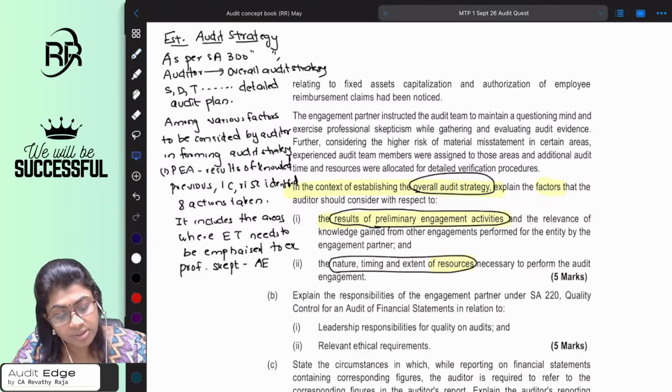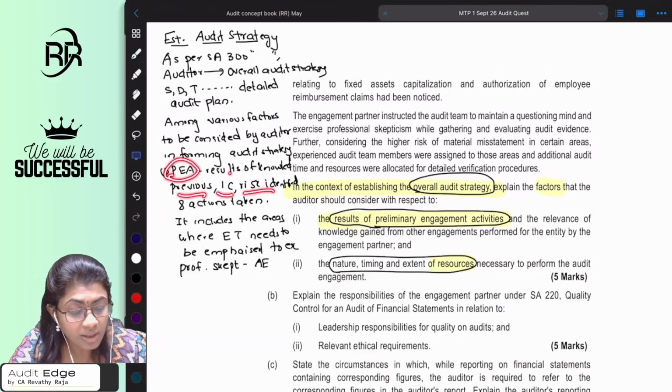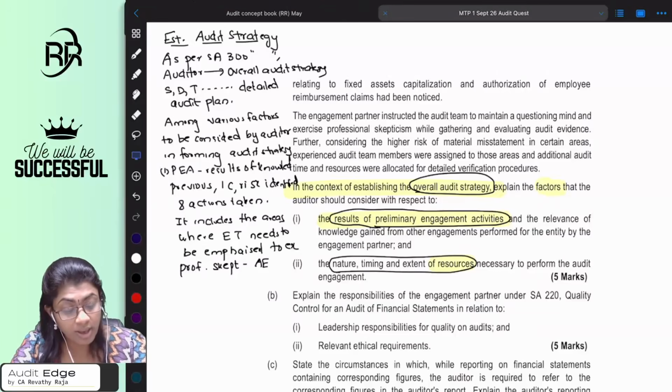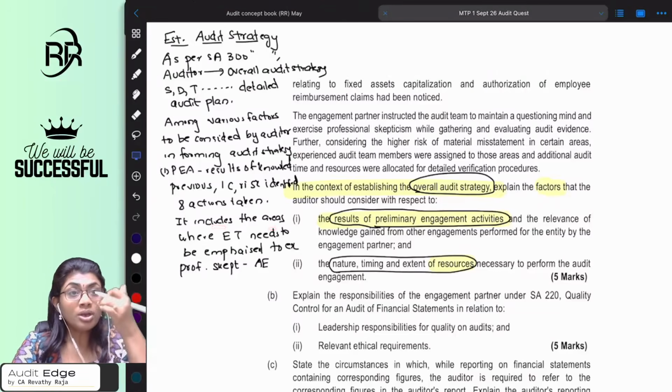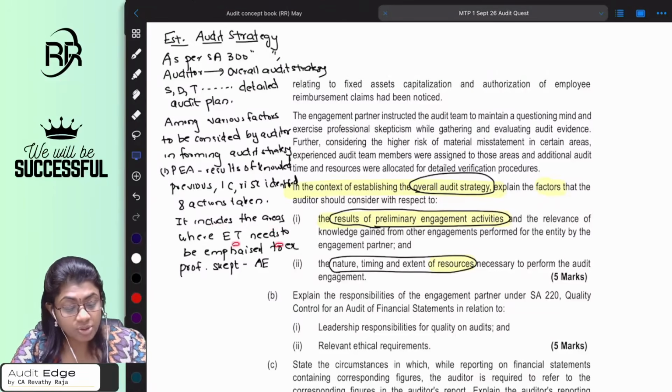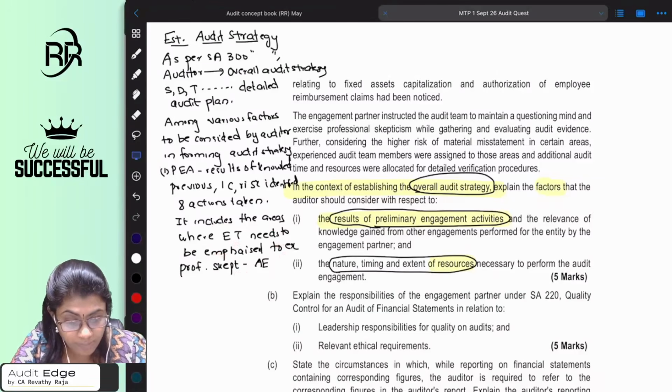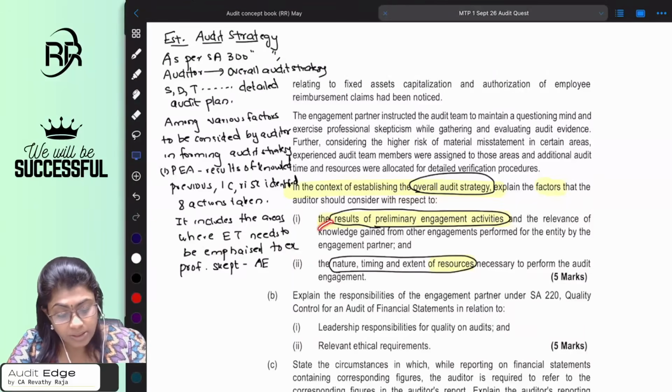So these are the points. Preliminary engagement activity includes the previous audit, risk, internal control, and what action was taken. That you have to consider. And it also includes the areas in which the auditor will direct the team to maintain professional skepticism in evaluating the evidence. So that's the first part.